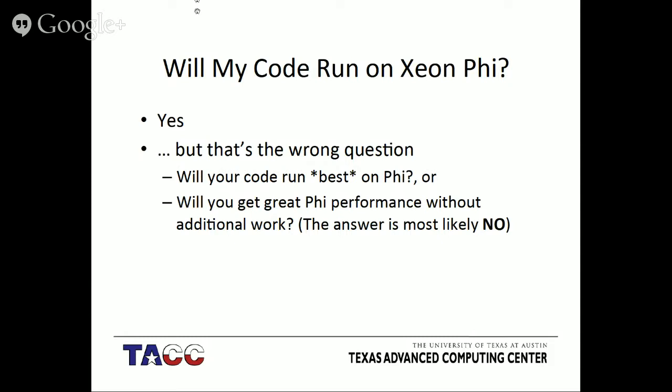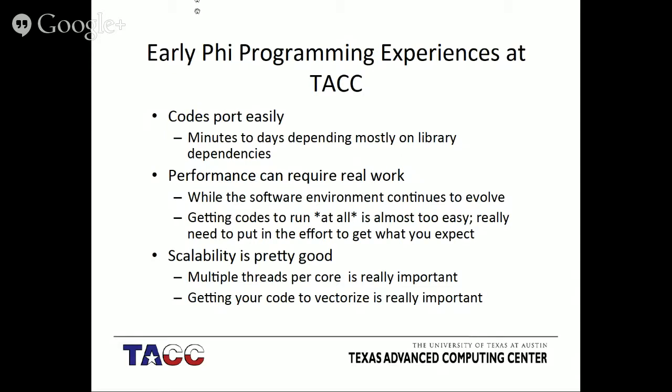And the other, I want to put a qualifier to the yes, will my code run on the Xeon Phi? Of course, if you're using libraries, and some of them are very, very big and complicated to build, then they all have to be built for the Xeon Phi, and that is something that also turns out to be a little bit of a bottleneck. But in principle, all your code should run easily on the Phi.